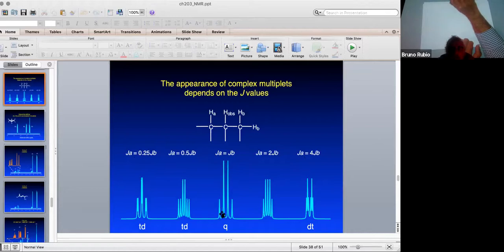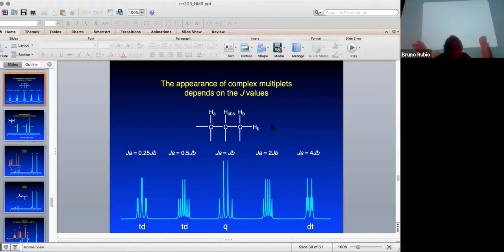Now, right here in the middle is something I called a quartet. Because again, like I said, if you never heard of complex splitting, you would say, well, the observed proton is split by 3 other protons. N equals 3. 3 plus 1 is 4. That's going to be a quartet.